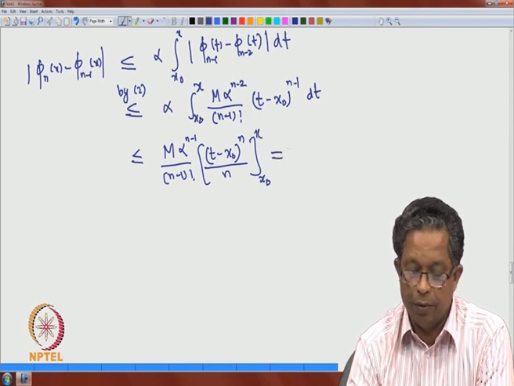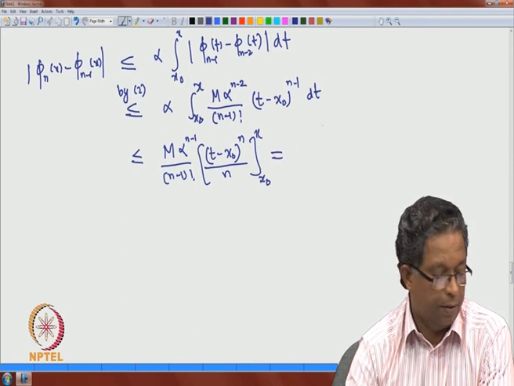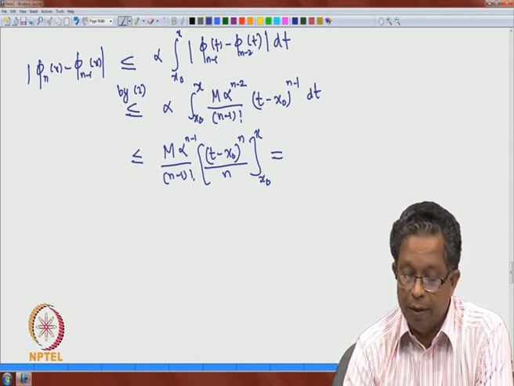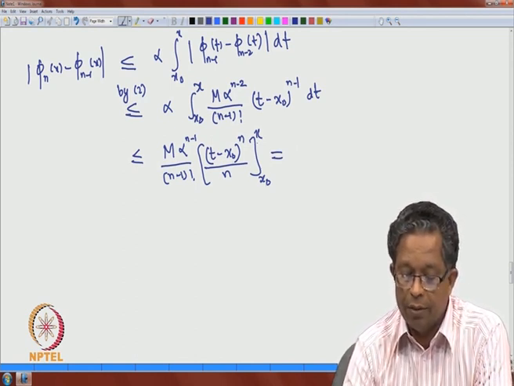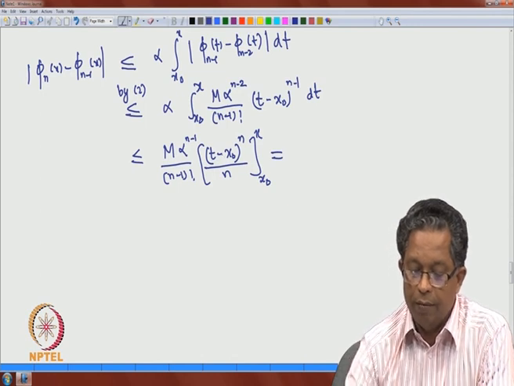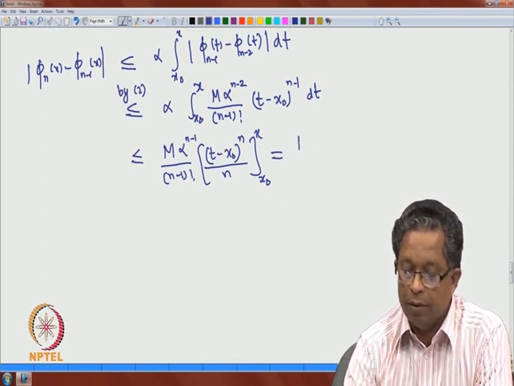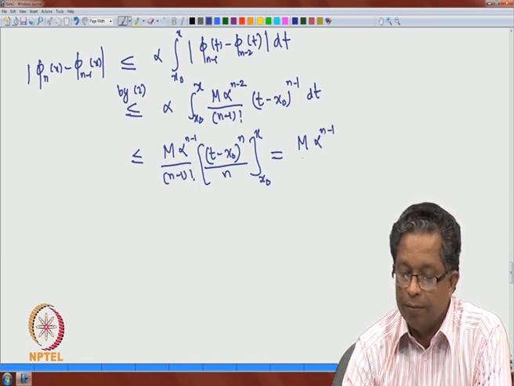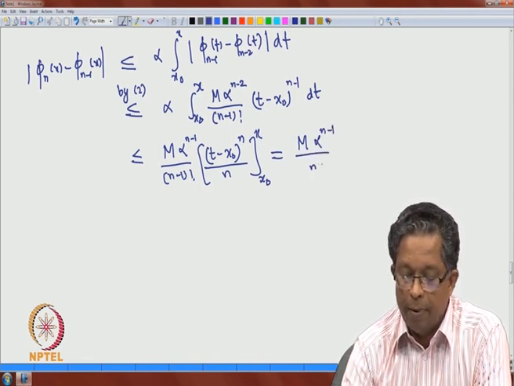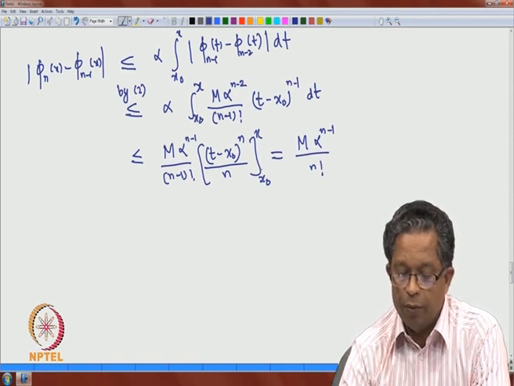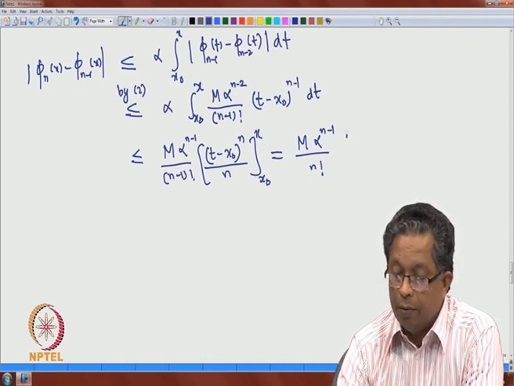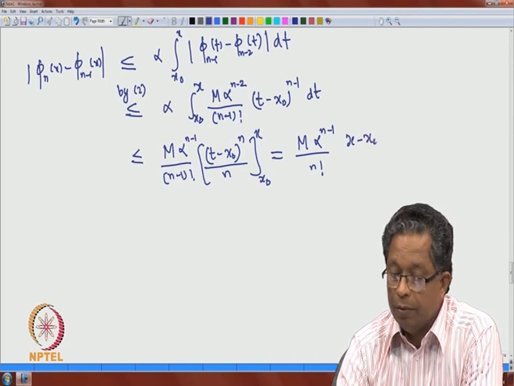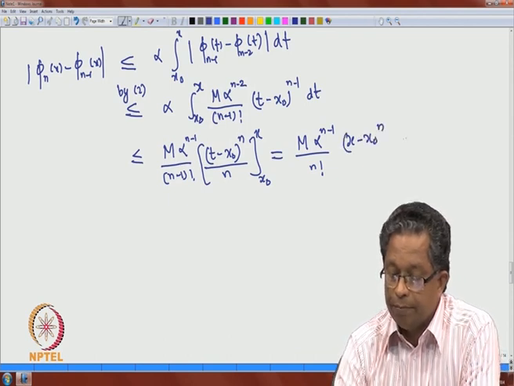So, when t is equal to x0, this vanishes, and when t is equal to x, you get x minus x0. So, this is M into alpha to the power n minus 1 by n factorial into x minus x0 to the power n.